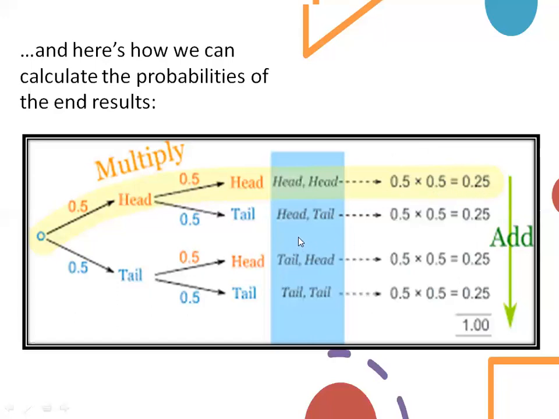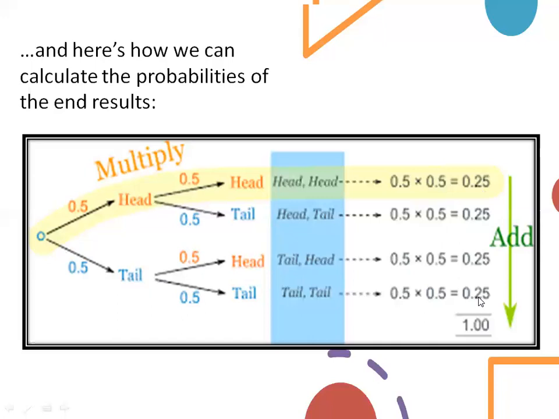Similarly, the probability of getting a head in the first toss and a tail in the second toss is 0.5 into 0.5, and it is written over here. Similarly, we have moved through these branches to get tail, head and these branches to get tail, tail.